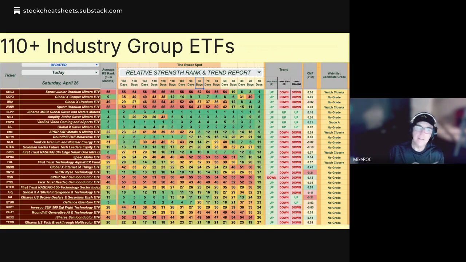That's trend. And you'll see here that there are 3 different columns where trend is measured. We have the shortest time frame on the left, the 5-day exponential moving average over the 20-day moving average. When the short-term time frame is bullish, the shorter period moving average will be above the longer time frame moving average.